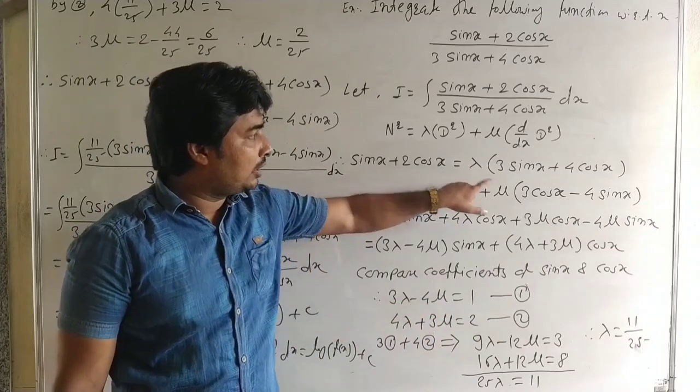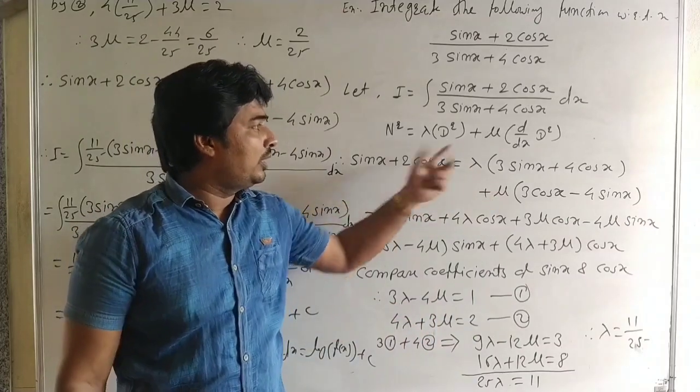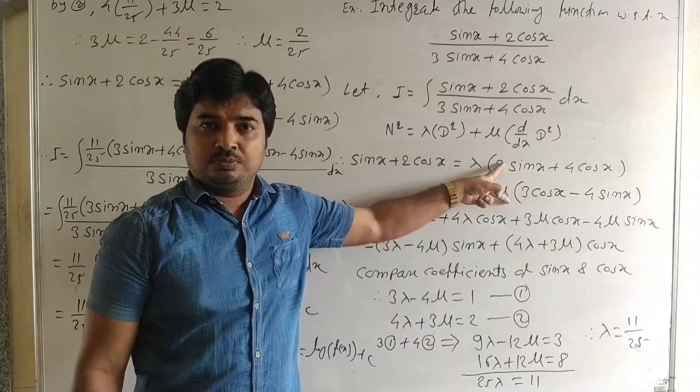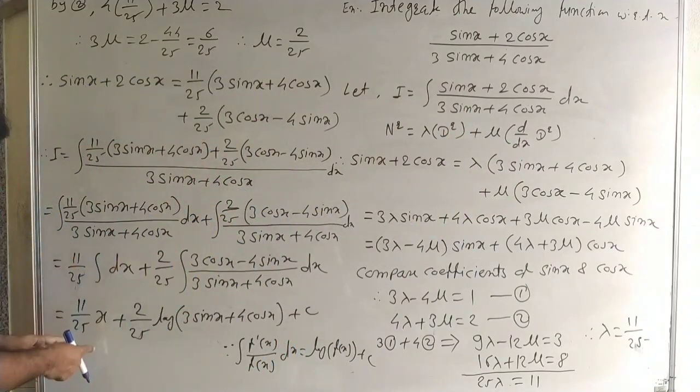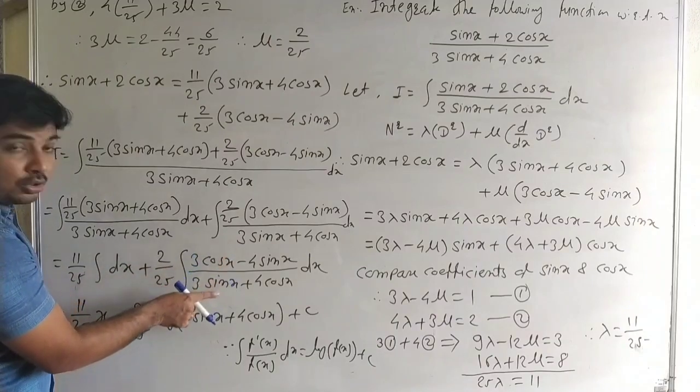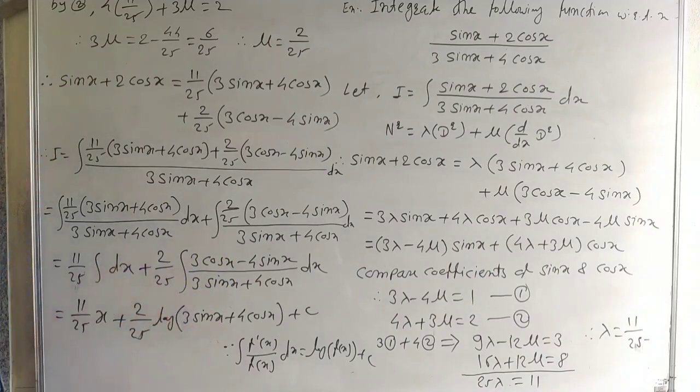Put the values of lambda and mu here, then replace the numerator by this term, and then separate the two terms. One term becomes a constant, that is only lambda, and one term is f dash of x upon f of x, and then we get the answer.